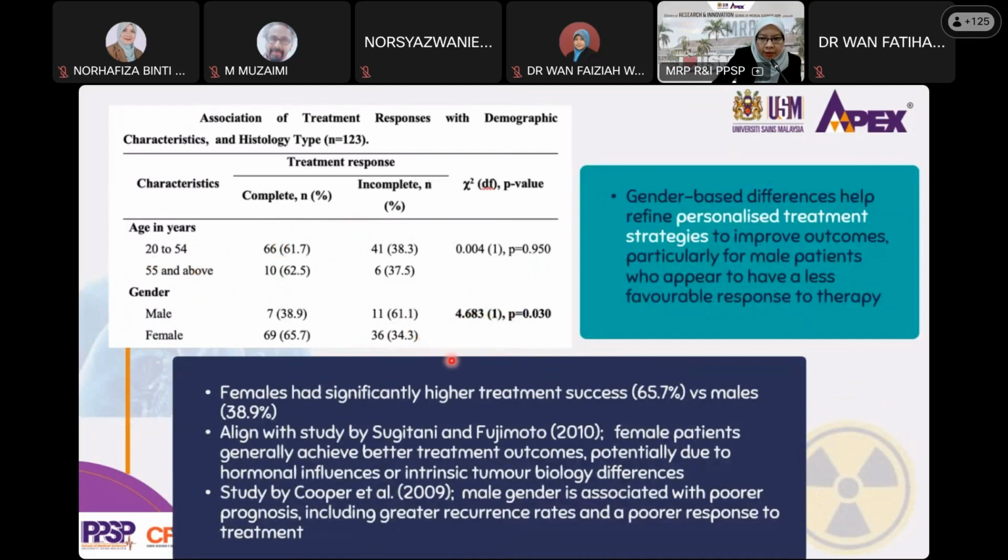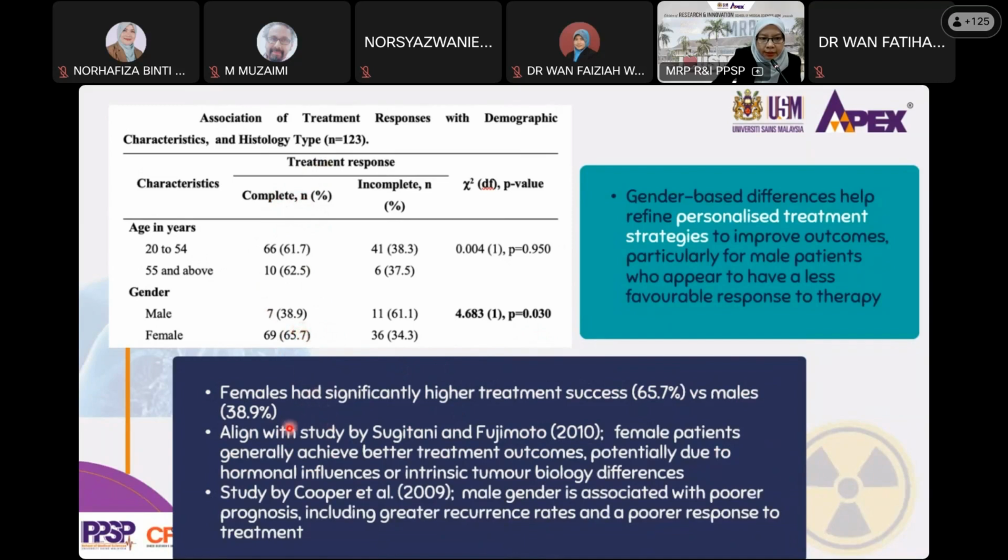While gender was significantly associated with treatment response, where the p-value is 0.03, it shows that females have a much higher success rate compared to males. For complete response, females have a higher success rate, 65.7% compared to males with 38.9%.